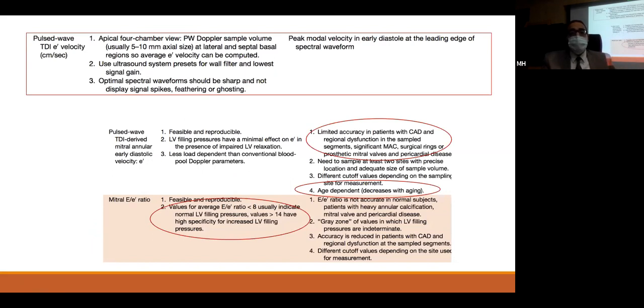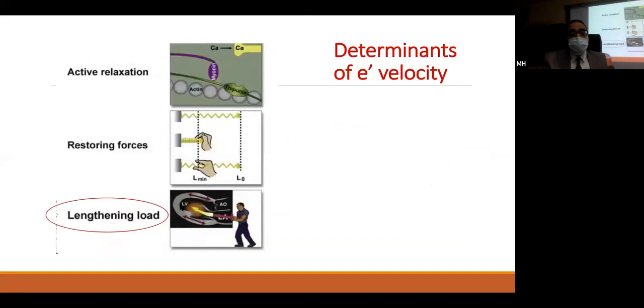All this will not give you a true annular velocity that you can use to diagnose diastolic dysfunction. Also, it's an age dependent process, so with age the annular E prime velocity decreases. And importantly, it's also load dependent, so it depends on the volume status and the loading status of the left ventricle.